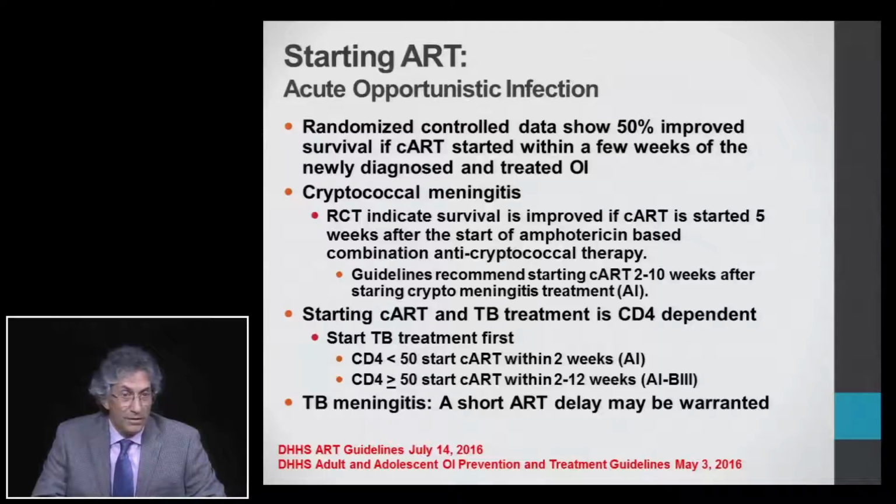This is thought to have to do with inflammation in the brain that occurs early in antiretroviral therapy when someone has an active opportunistic infection of the brain, like cryptococcal meningitis, like TB meningitis. But other than these two circumstances, the sooner someone with an opportunistic infection can successfully get on antiretroviral therapy, the better their mortality.